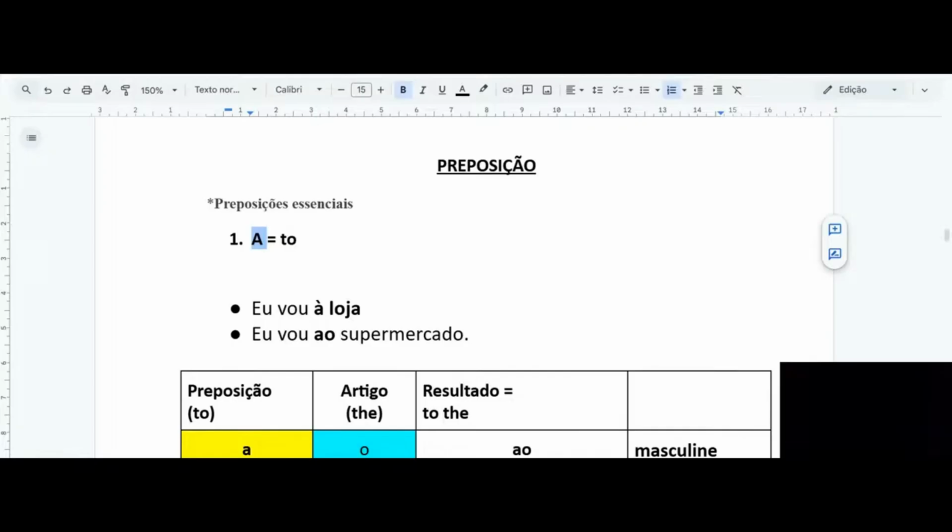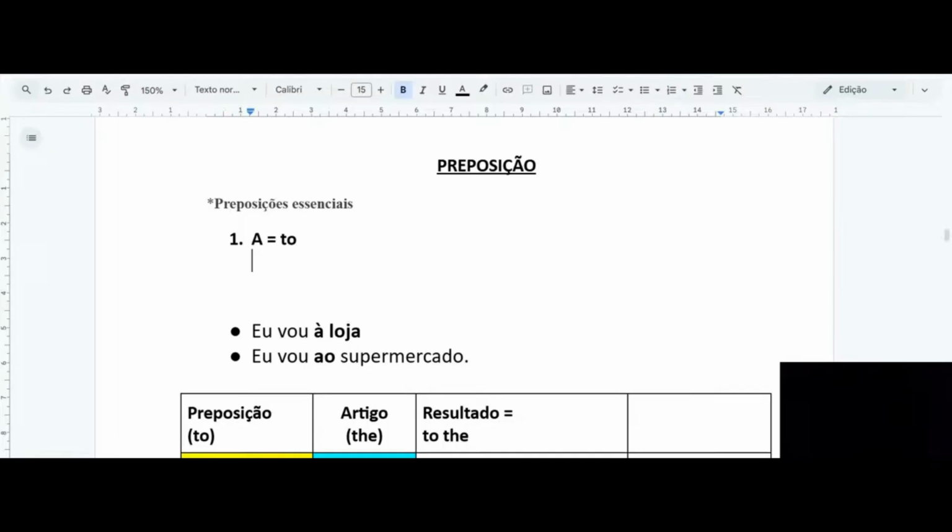So this a, I said it means to. The other a is the one we met when we were doing artigo, which in English is article.